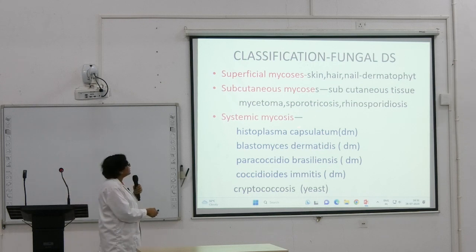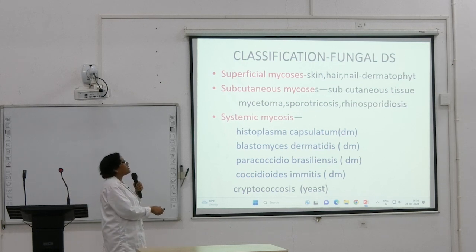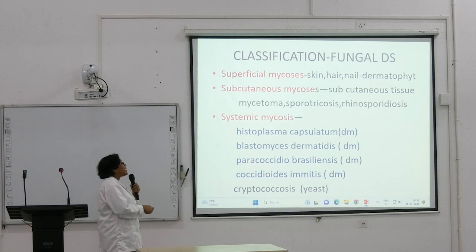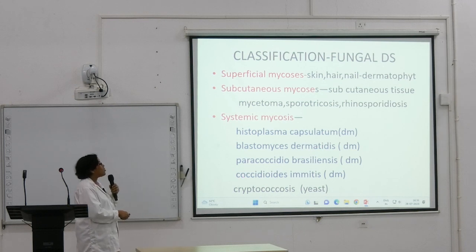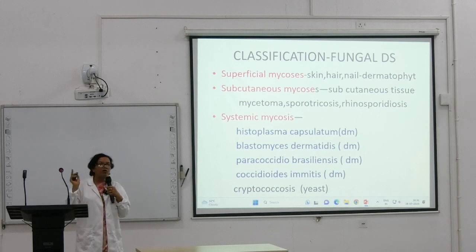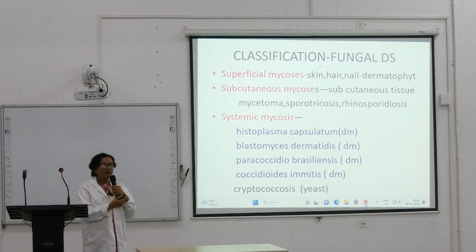Now here comes the dimorphic fungi, which is my topic today. Dimorphic fungi, that is Histoplasma capsulatum. DM means dimorphic fungi. Histoplasma capsulatum, Blastomyces dermatitidis, Paracoccidioides brasiliensis, Coccidioides immitis. Very difficult to utter, but still you have to remember it. Okay.